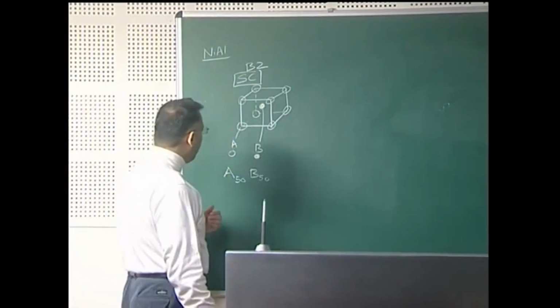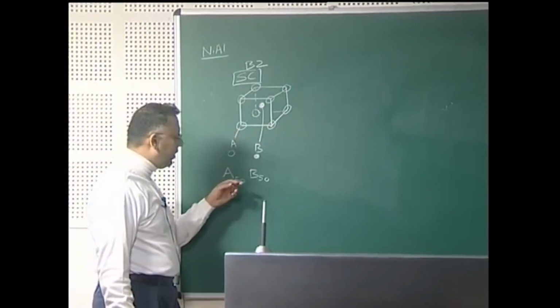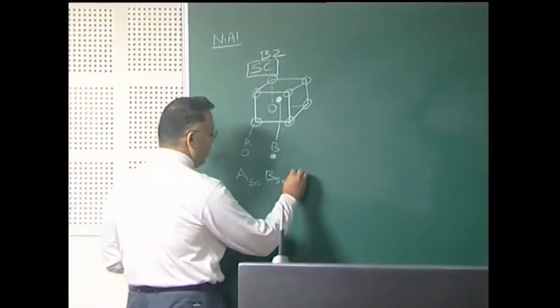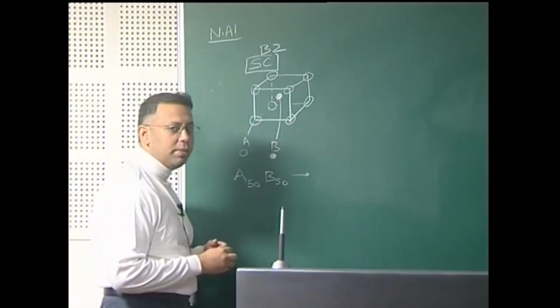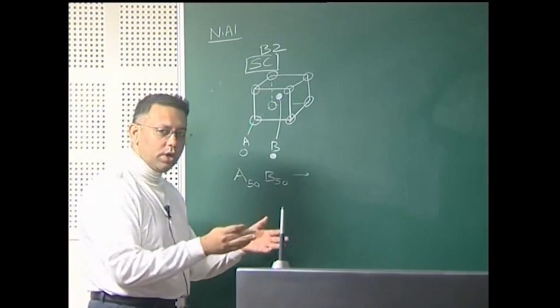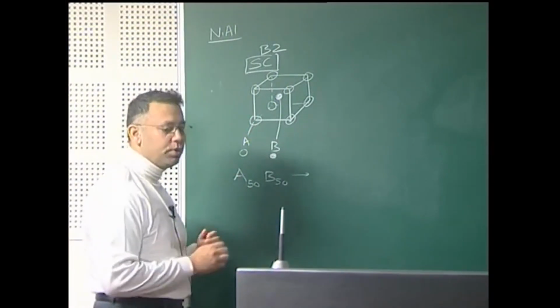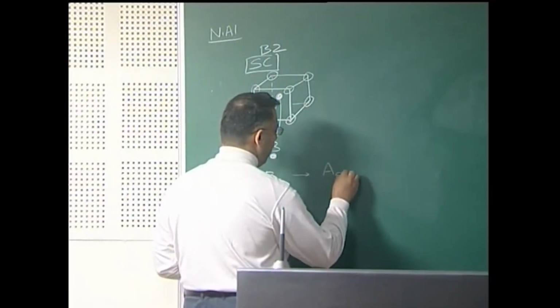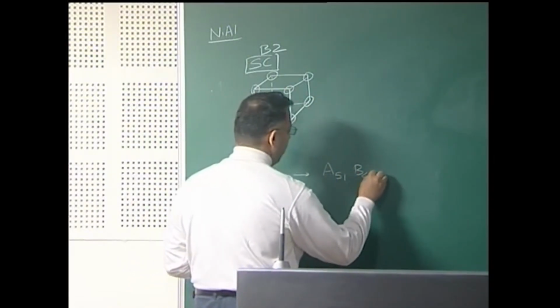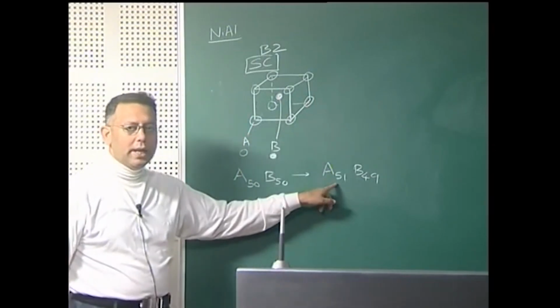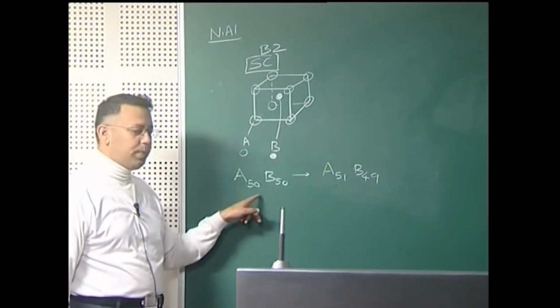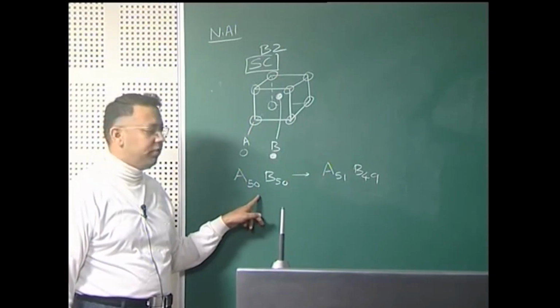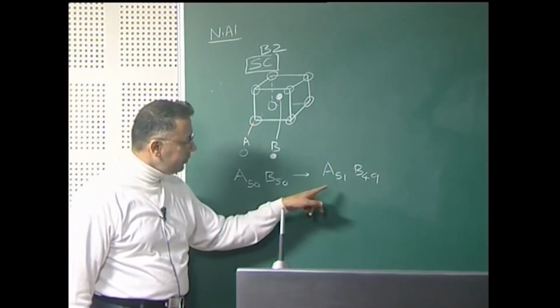AB is not actually a line compound, and it can tolerate a little amount of deviation from stoichiometry. Let me now assume that this can become A51 B49. In other words, this is now an A rich composition with respect to the perfect stoichiometry of A50 B50.